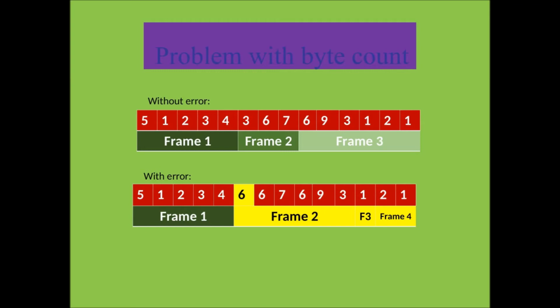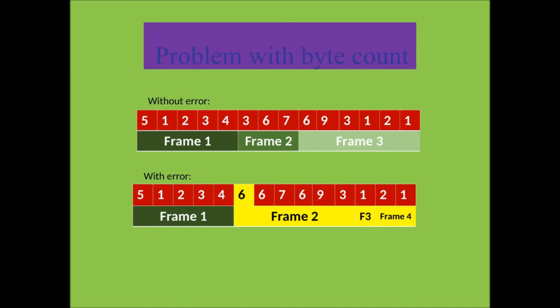In case of error, you can see the second stream of different frames. With error, there are frame number 1, frame number 2, frame number 3, and frame number 4. Now there are 4 frames, because when there is an error, this error may be a bit error or a byte error.